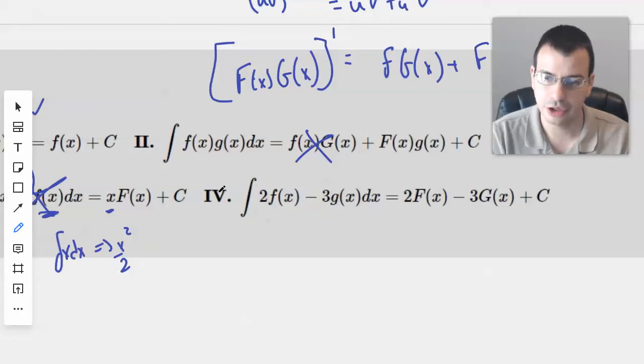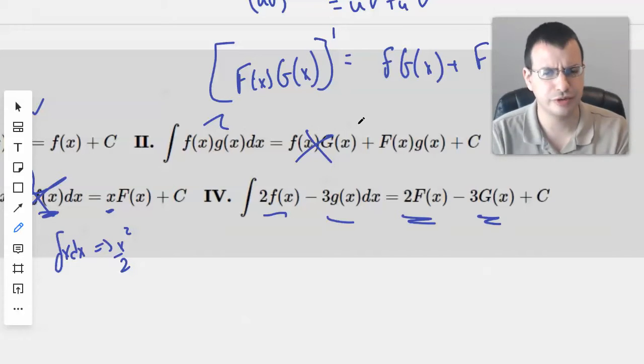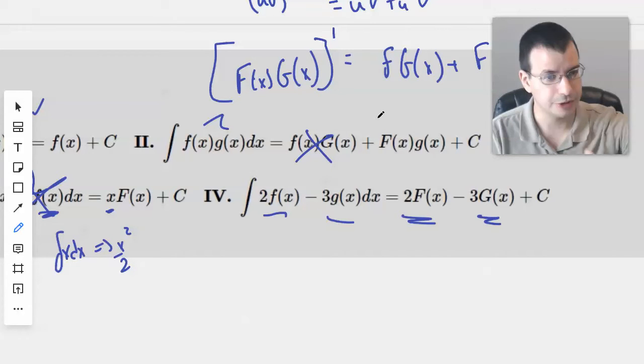Okay, so this says you have an integral of 2f of x, an integral of 3g of x, and it gives you, now this is true. Here you have them multiplied together, and it tries to just sort of product rule them, which you can't do.